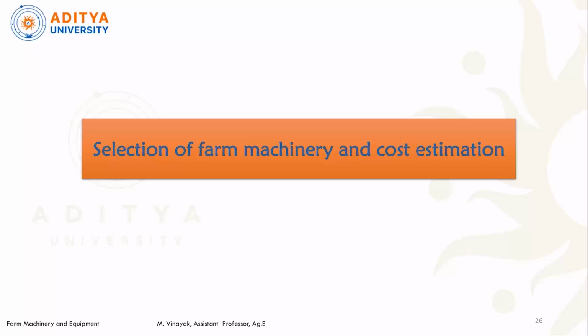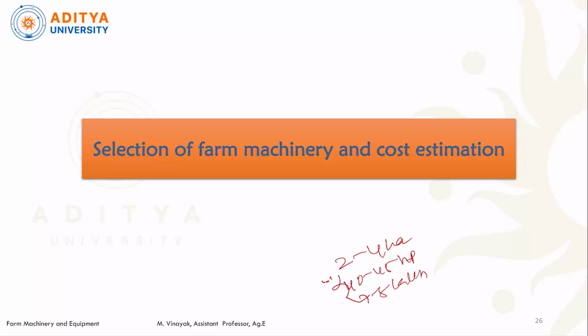Nowadays farmers don't know how to select a farm machine. Some farmers have a land holding of only 2 to 4 hectares, yet they purchase a 40 to 45 HP tractor at a cost of 7 to 8 lakhs.